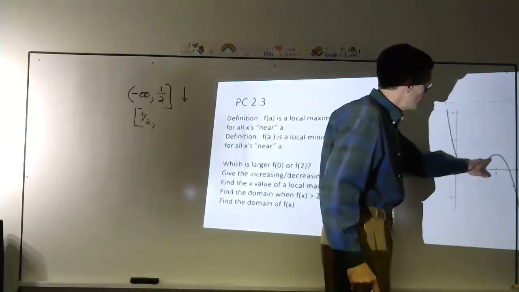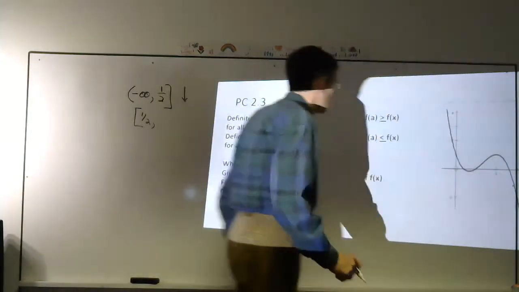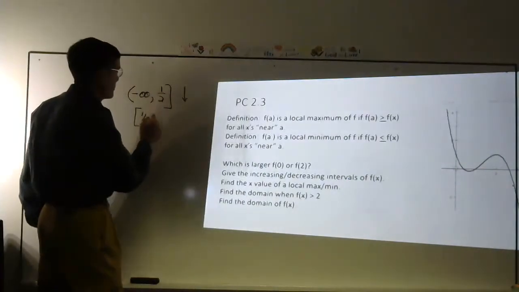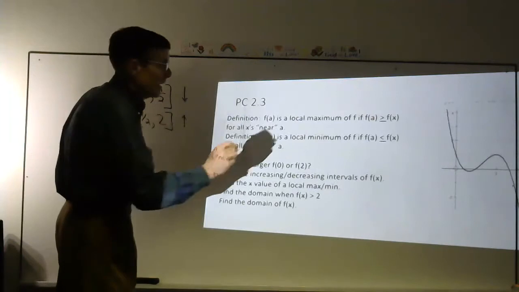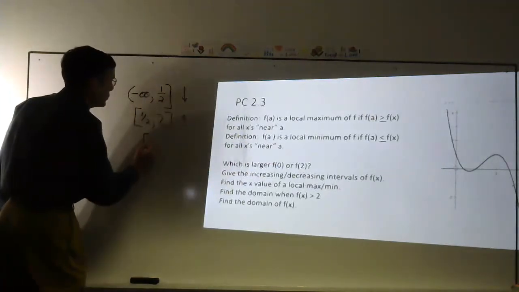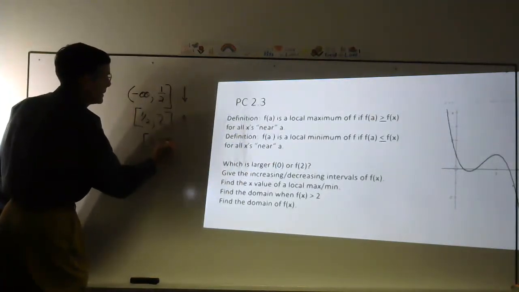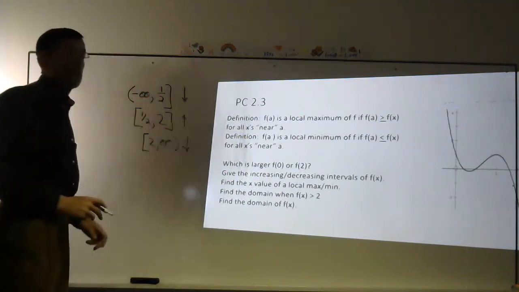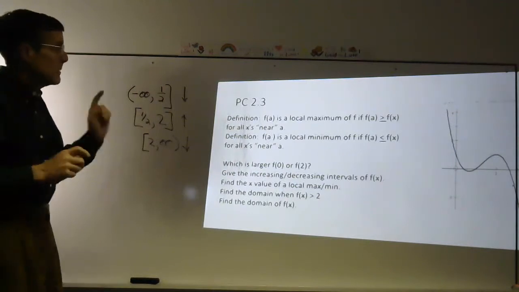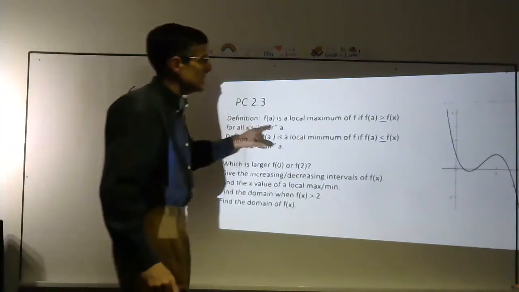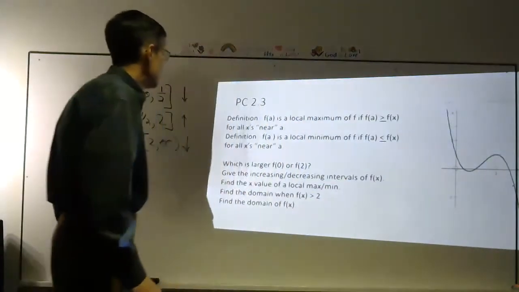It increases till you get over to x equal to 2. So from a half to 2, it's increasing. And then from 2 to positive infinity, it is decreasing again. Are you with me? Can you do that? And make sure you do it on the x-axis.